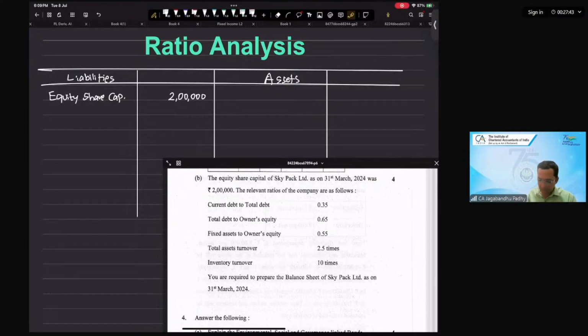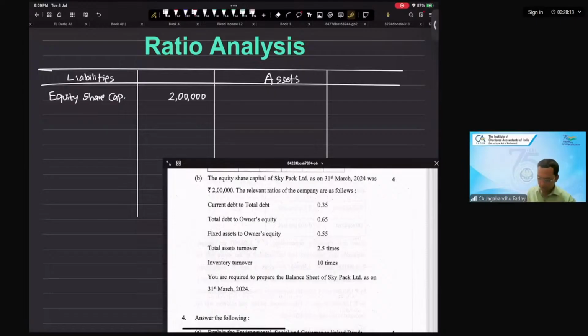Any hint or idea about the reserves? We've got the equity share capital, but asset turnover depends on sales and assets, and inventory turnover is based on COGS. Nothing else is specifically given to us.